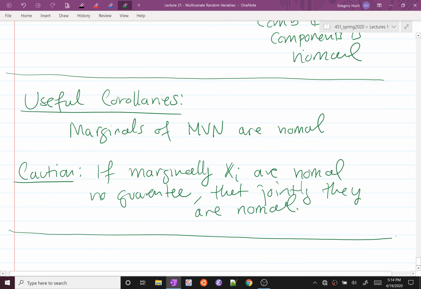So if you have something that's multivariate normal, then its marginals are just univariate normal. But if you don't know anything, it doesn't necessarily go the other way. If you don't know anything about the relationship between these, just because they're marginally normal doesn't mean they have to be jointly normal.